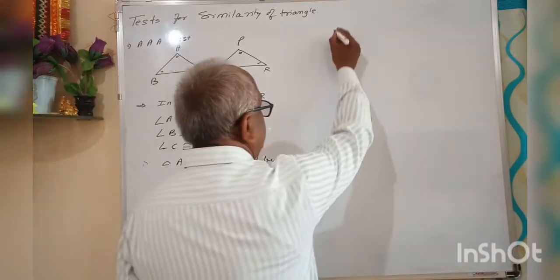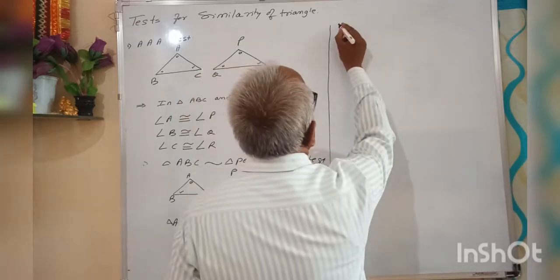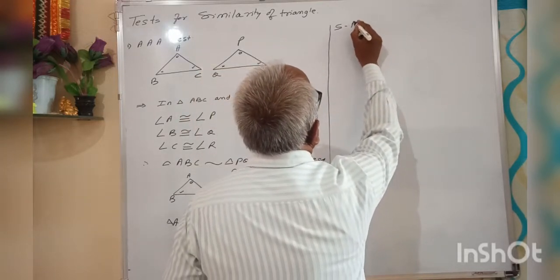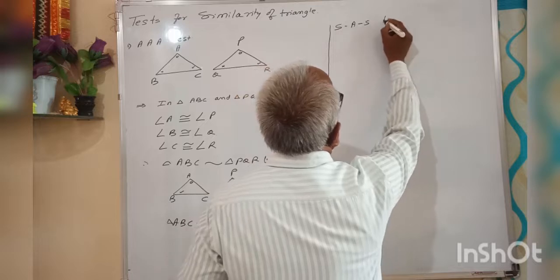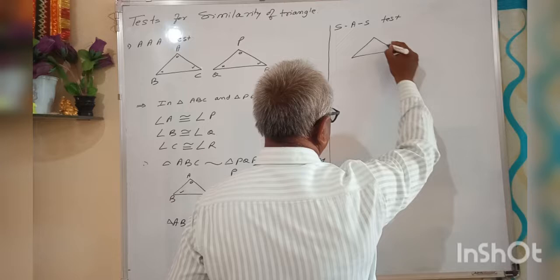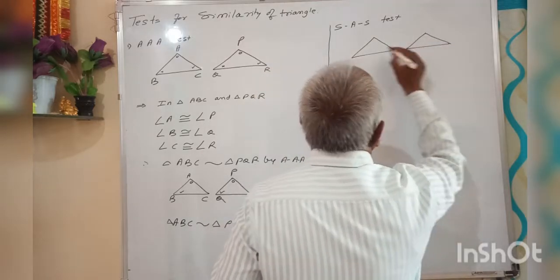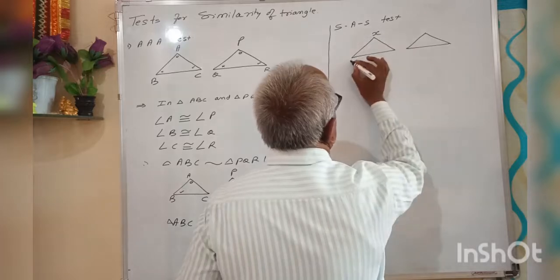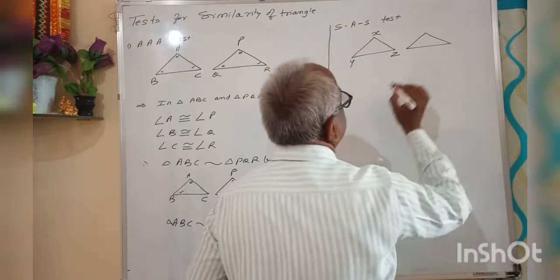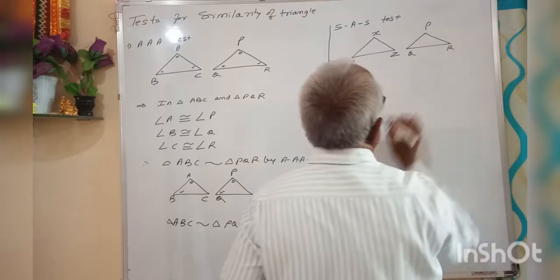Now after that, the side angle side test. Two triangles are given, triangle XYZ and triangle PQR.